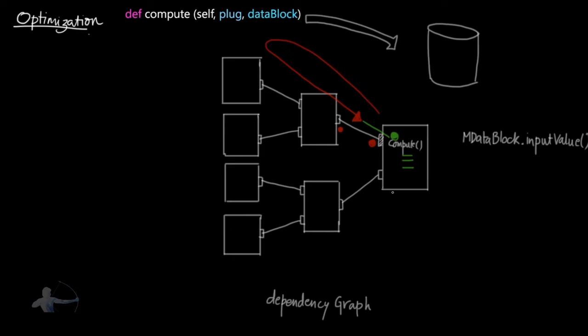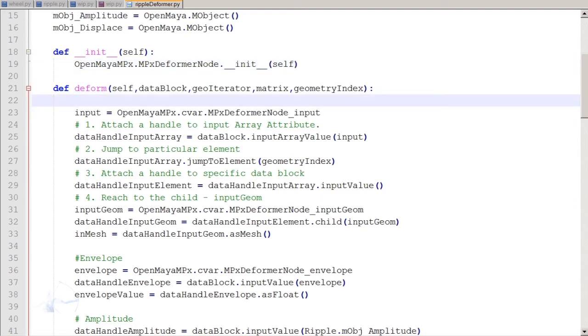As we said, the compute function ensures whether the data of the plug is updated or not, because we want to use the clean plug or the updated value for performing the computation. We don't want to perform any computation on incorrect data. So this is one of the functions of the compute function of any node. But in our case, the compute function is then later calling the deform function.